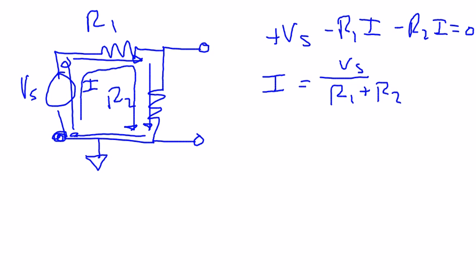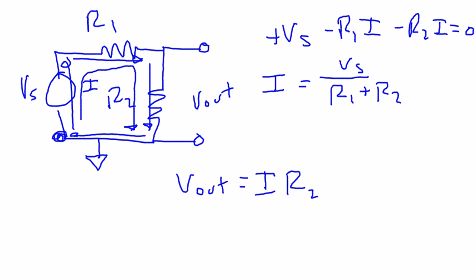Now, if you really want to know what is the voltage across R2, or this output voltage, it's the same thing as the voltage that's consumed through the resistor. So the output voltage is equal to the current going through that resistance times the resistance. So this is Ohm's law.